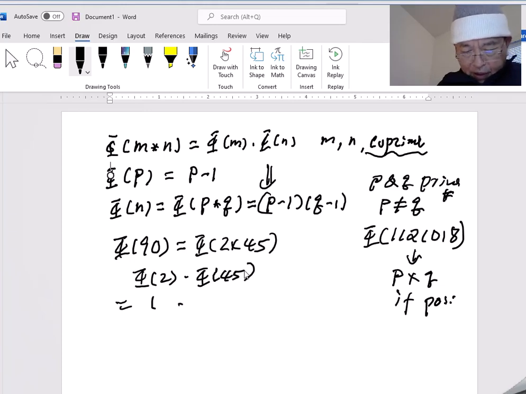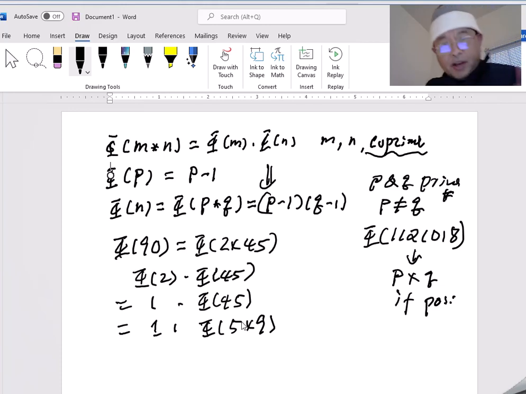So times this. This we can further break down into two relatively prime numbers. 5 times 9 is 45. So 5 and 9 are relatively prime, even though 9 is not a prime number.